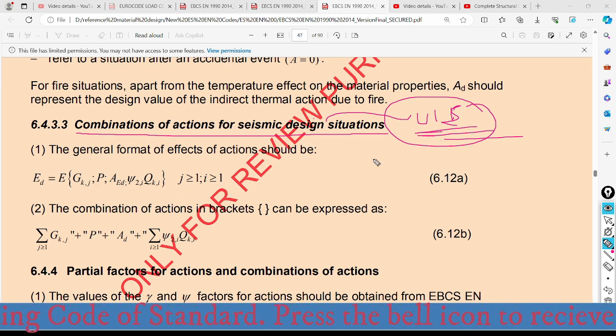So when we come to the combination 6.1 to A, all the loads that will be incorporated in seismic design situations are the permanent load, the pre-stressed load, the earthquake load, and the variable load. When we split this one, we can put it like this: the permanent load combined with the pre-stressed load combined with the earthquake load combined with psi 2 Qk.